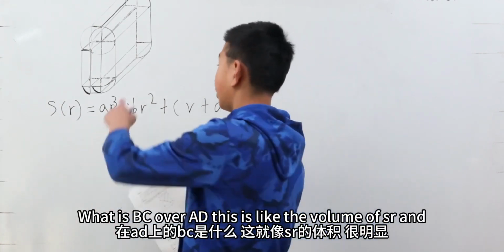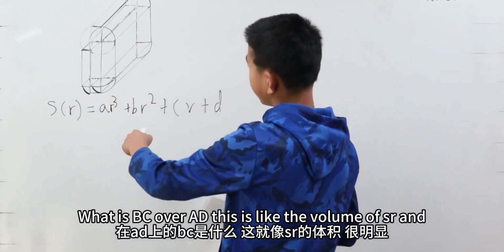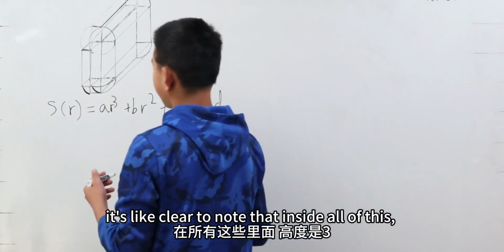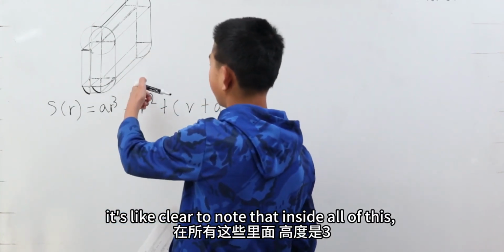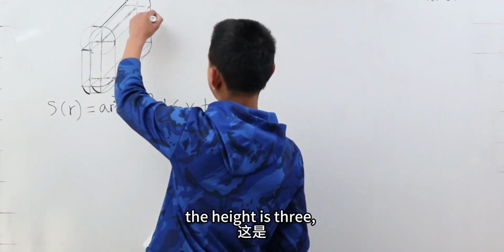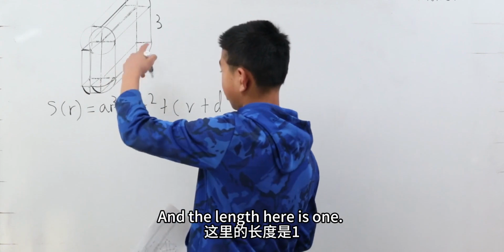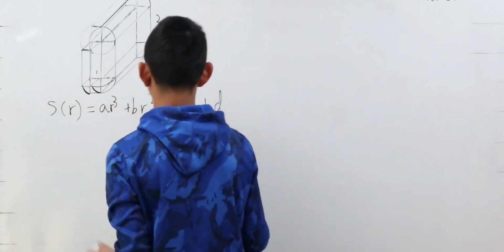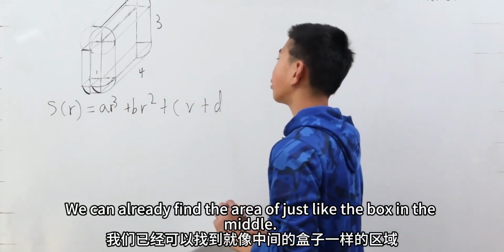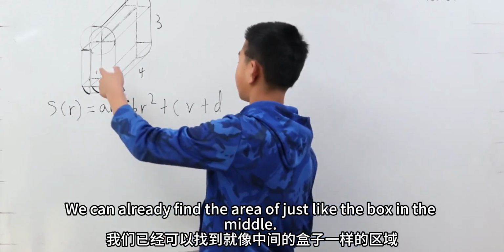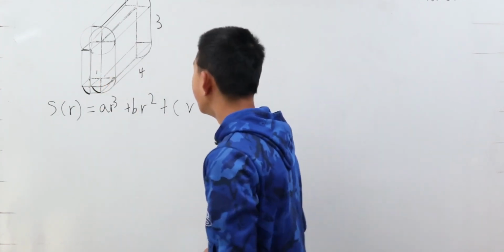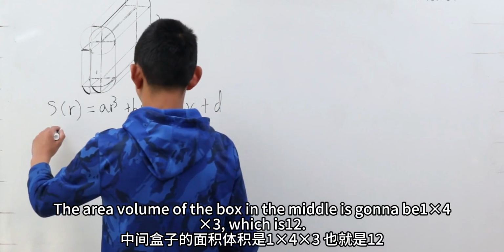So this is the volume of S of R, and it's clear to note that inside all of this, the height is 3, the width is 4, and the length here is 4, and this is 1. So we can already find the volume of the box in the middle.